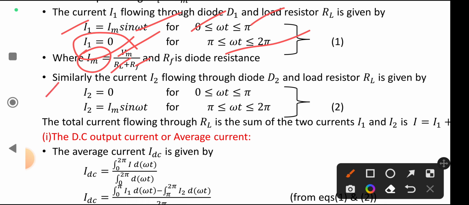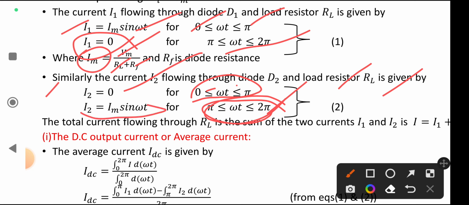Similarly, the current I2 flowing through the diode D2 and the load resistance RL is given by this. During the negative half cycle, diode D1 does not conduct, but diode D2 conducts. So when it conducts, I2 equals Im sin omega t.